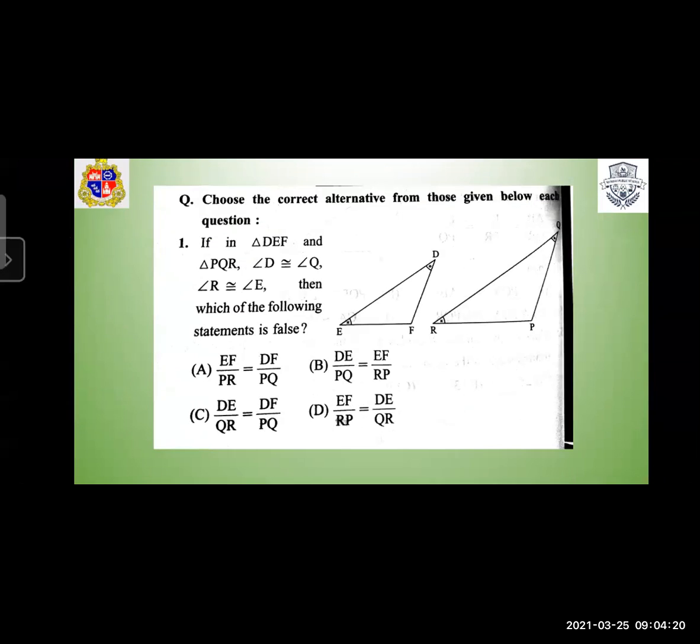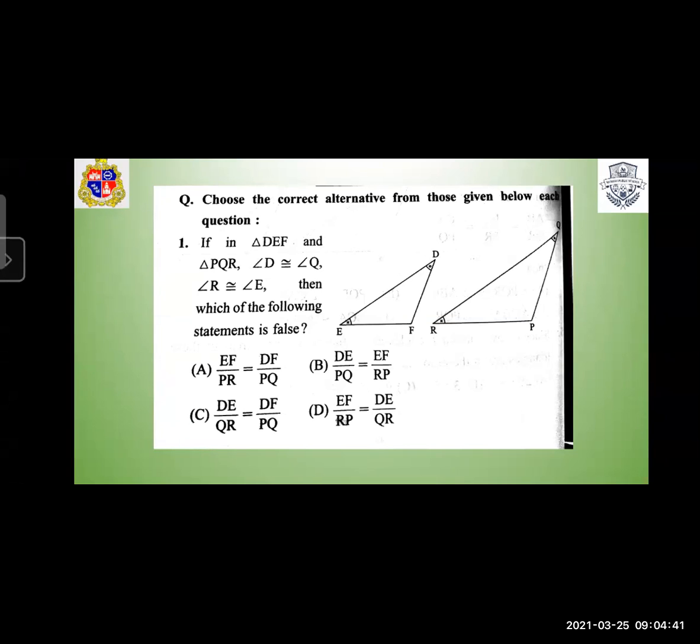Now, 1 mark questions. Again, choose the correct alternative from the following. D is congruent to Q, R is congruent to E, then automatically F is congruent to P. Out of this, which one is the false statement?